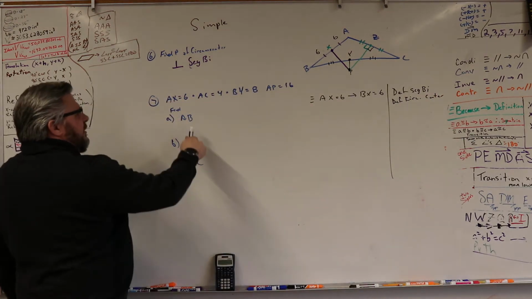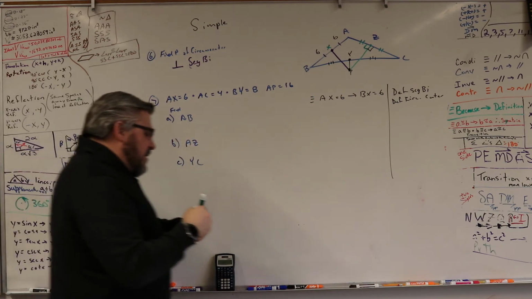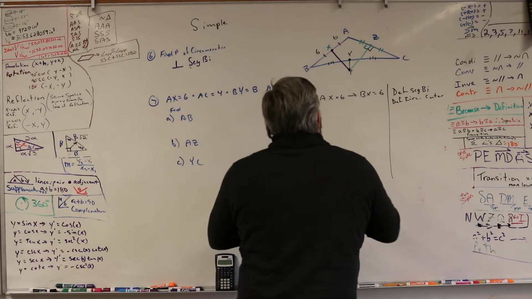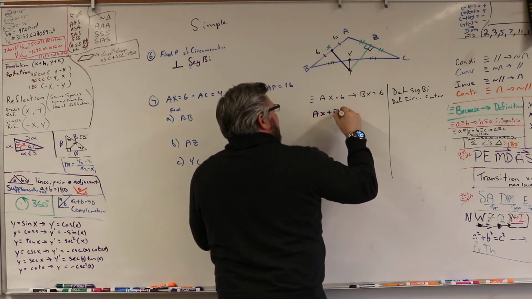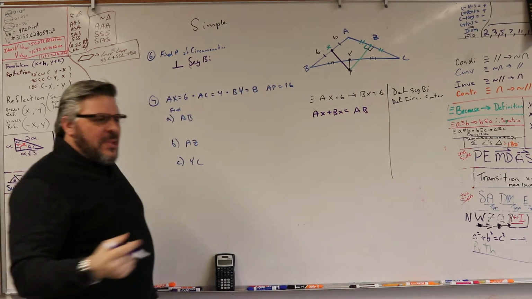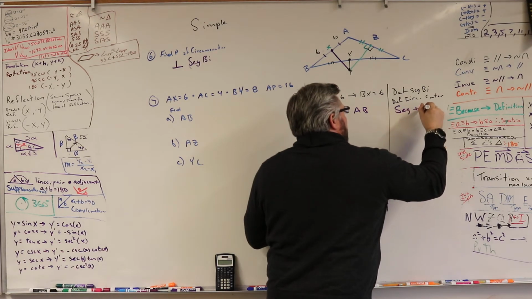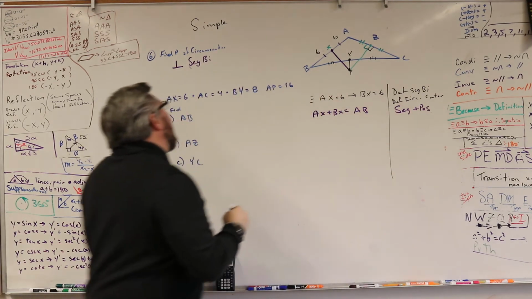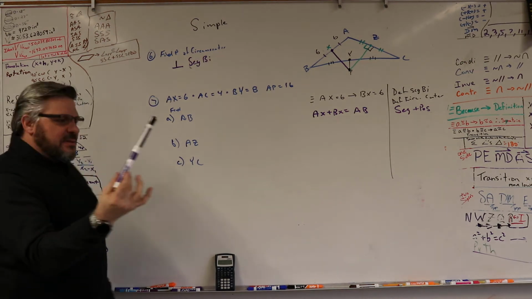Now that's not telling me what AB is yet, but I know that AX plus BX is equal to AB, right? Segment addition postulate. I can add 2 pieces and get 1 piece.